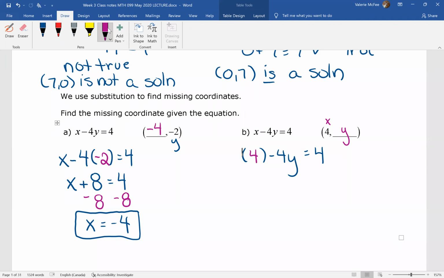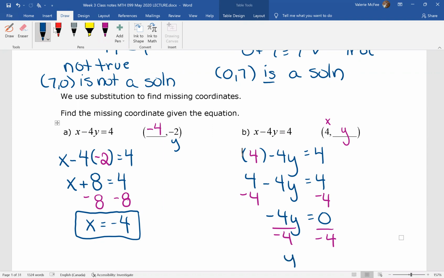I didn't have to put that in brackets. I just wanted to be clear that I was substituting 4 for x. We can subtract 4 from both sides. Divide by -4 on both sides. And we see that y equals 0, our missing coordinate. And that gives us the ordered pair for 0.